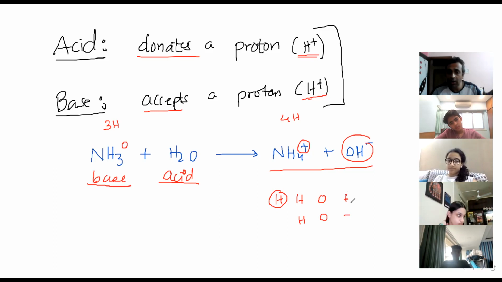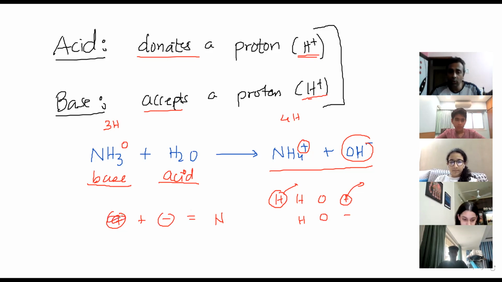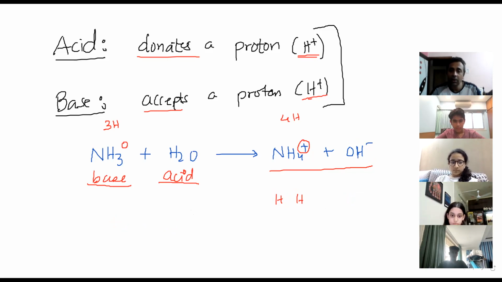Because it was neutral, and when H plus is lost, neutral minus positive is negative. So that's the reason why this minus charge is left here. Because 0 minus positive is negative. So you think you'll be able to do these questions?